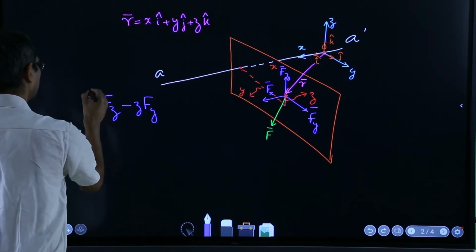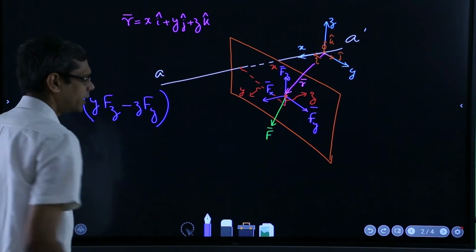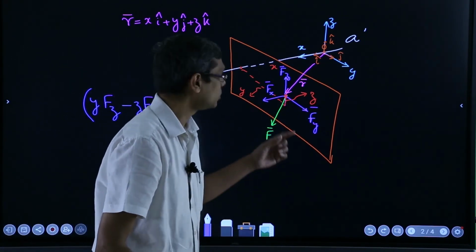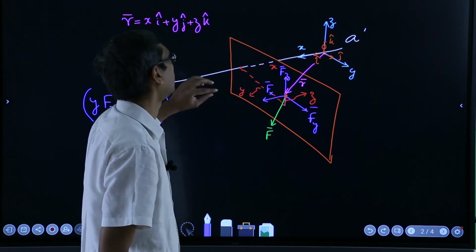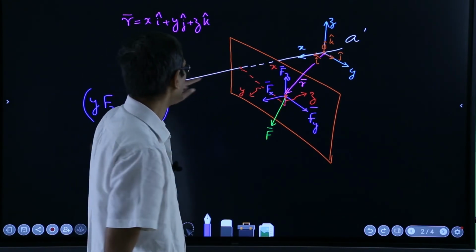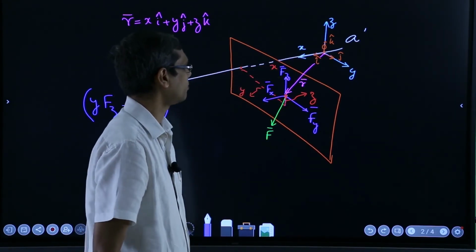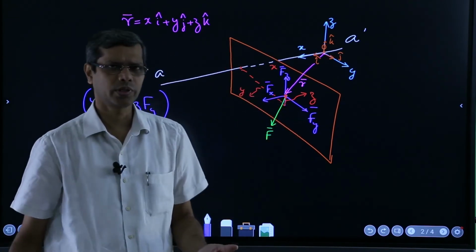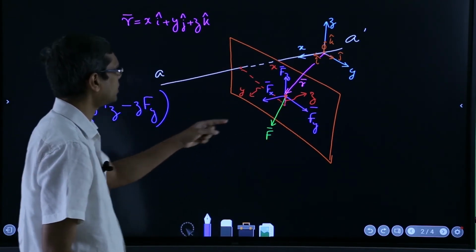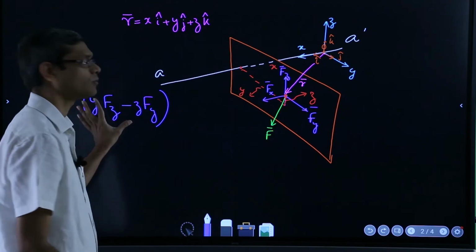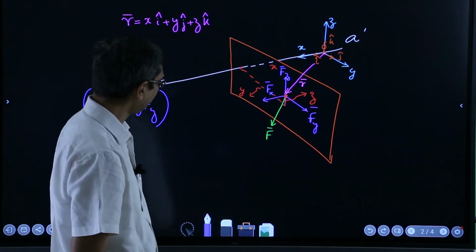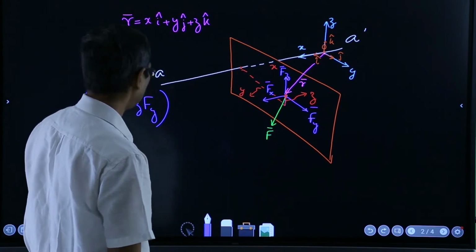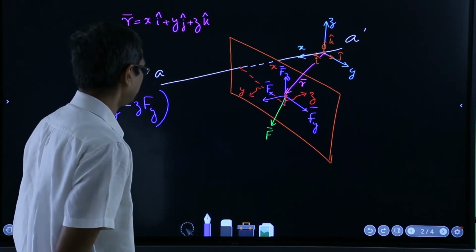So this is the full component, full amount, which will be the rotating effort or the twisting effort about the axis AA prime, because these are the only 3 components of F. This has got no contribution, and the contribution from these 2 forces are given here. So that's the full thing from component side.